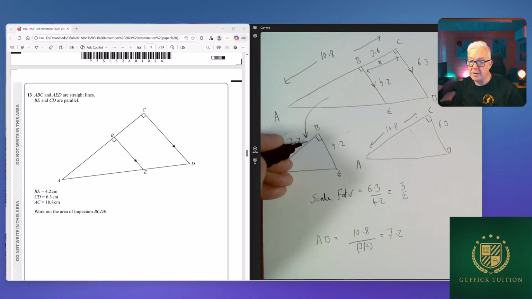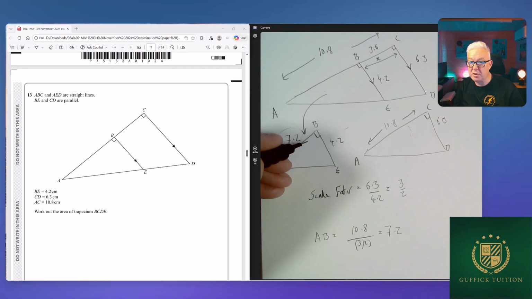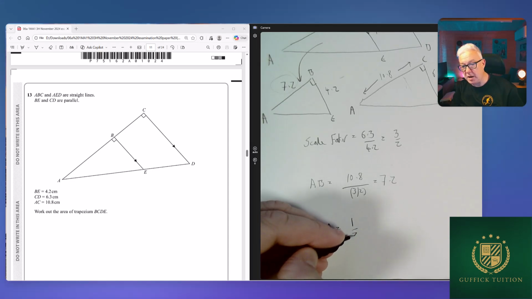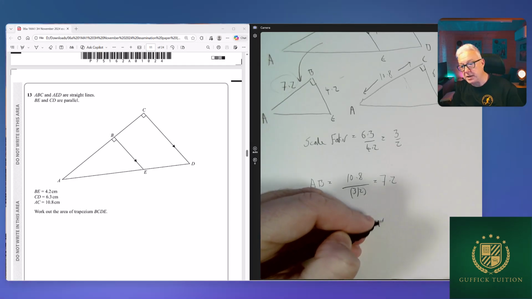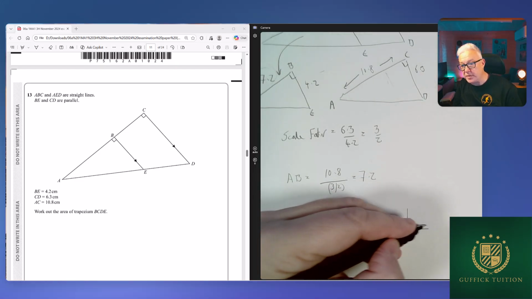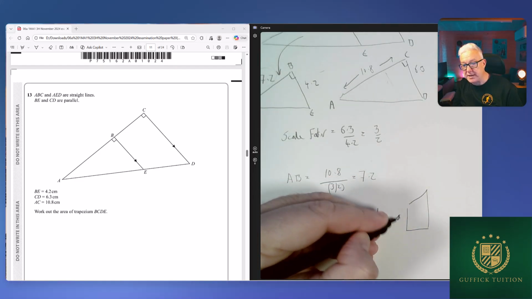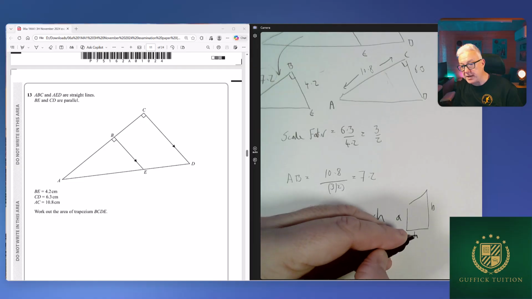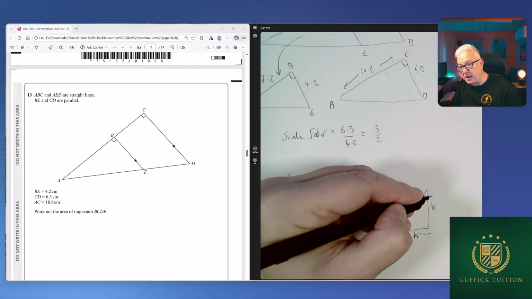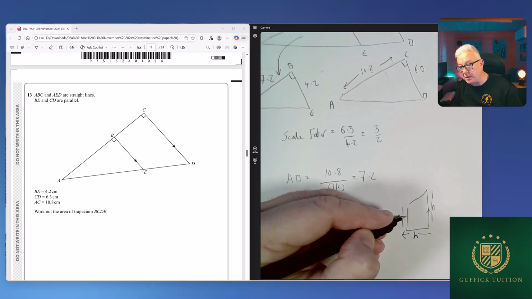Now let's think about the area of a trapezium. The area of a trapezium is a half, A plus B, times H, where if we have our trapezium like this, that's A, that's B, and that's H. That length is A, that length is B, and these are the two parallel sides.